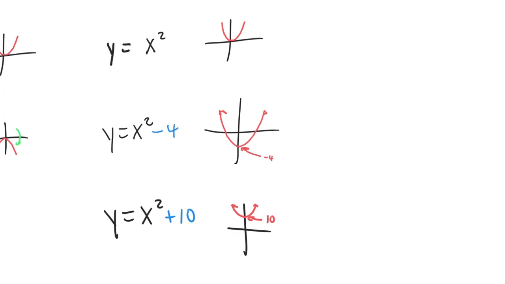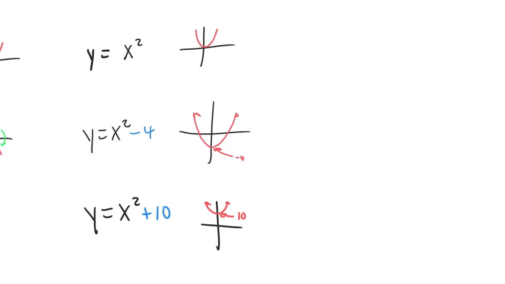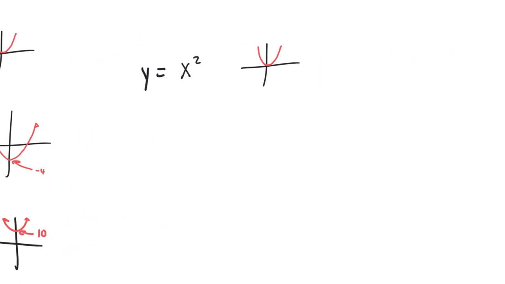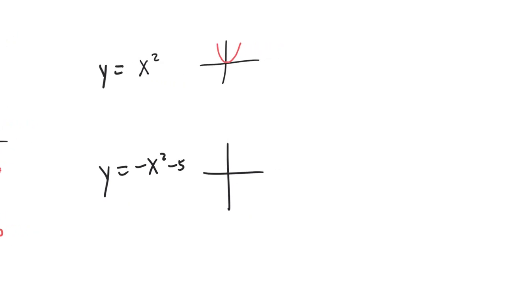Now, they might get really annoying and give you something where maybe it's a combination of things, where, for example, maybe they ask you to do a negative x squared and then minus 5. Well, this negative that's in front represents multiplication, where it's really an x squared times -1.